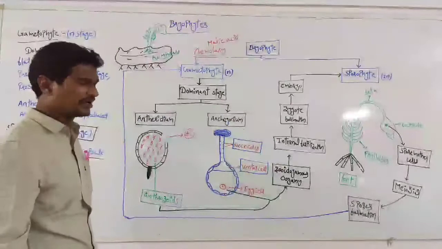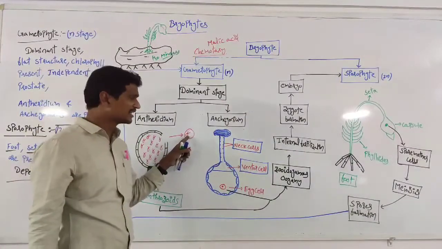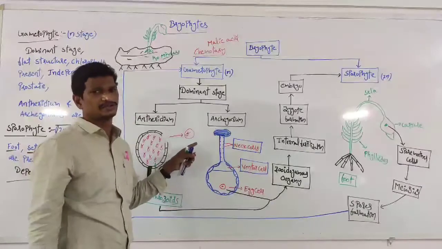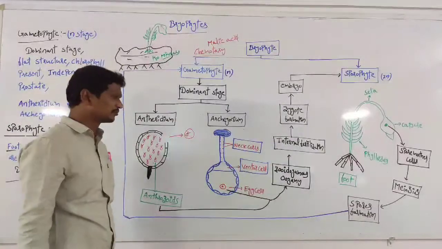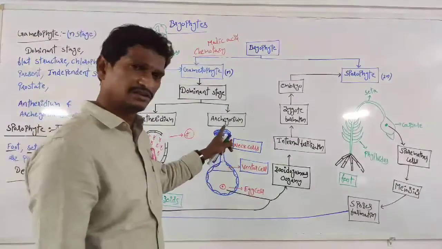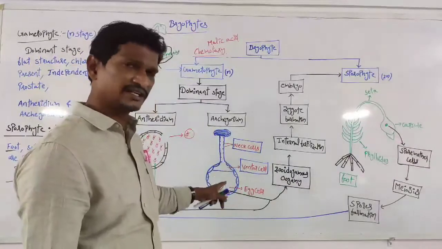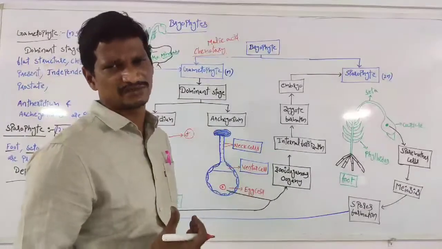In the presence of the chemical substance, the male gametes move and are involved in fertilization. Very simple. The neck cells and ventral cell degenerate and produce the mucilaginous substance.